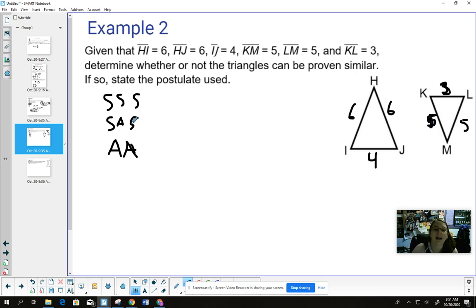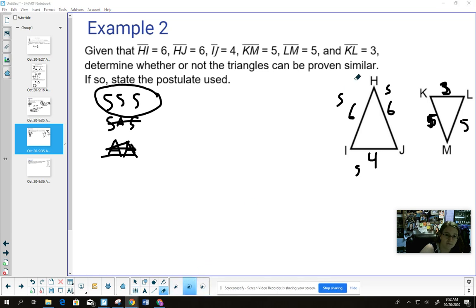Which one could this possibly be based on the information given? Well, if it is anything at all, it would be side-side-side, because I have side, side, side. I don't have any angles given to me, right? So we're checking for side-side-side. That doesn't mean it is side-side-side.